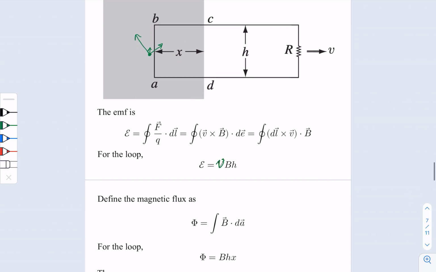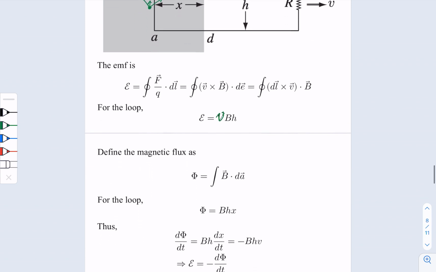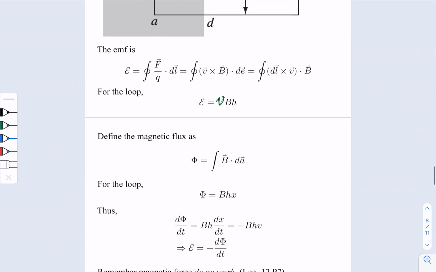Then the flux should be Bh times the x here. So the change of the flux equals Bh times dx/dt, which is Bh times minus the velocity.